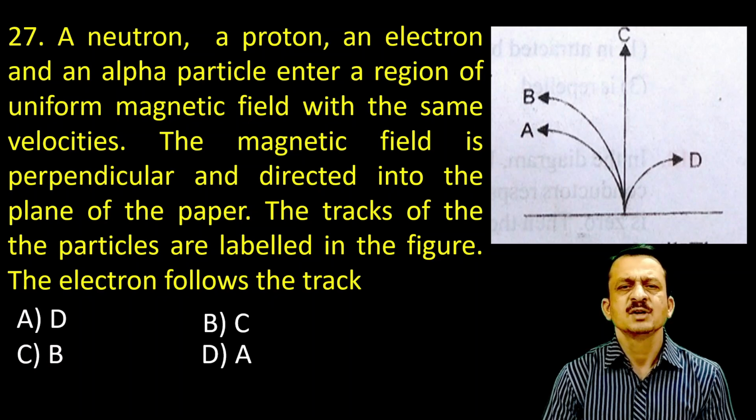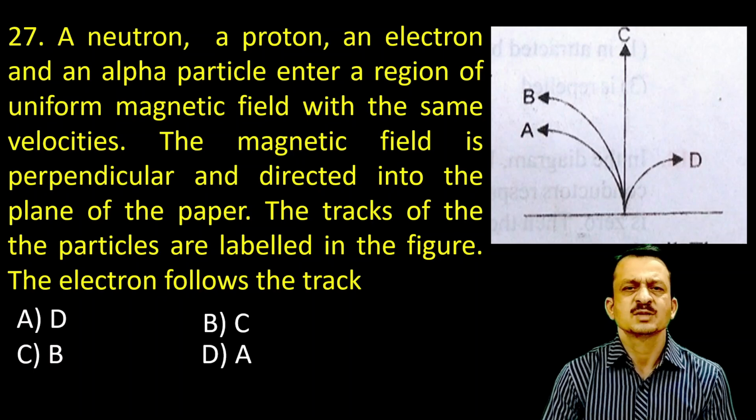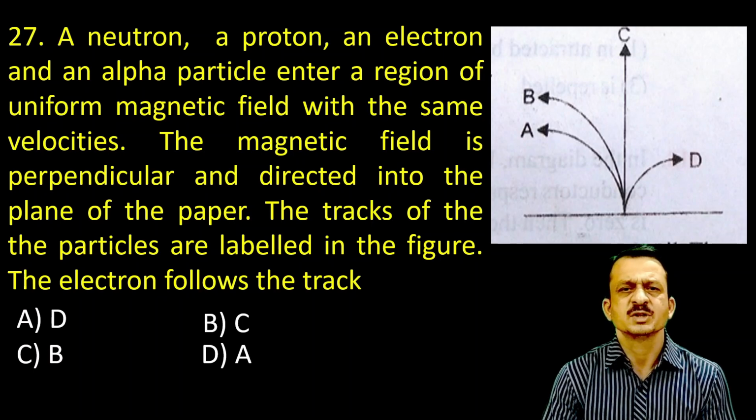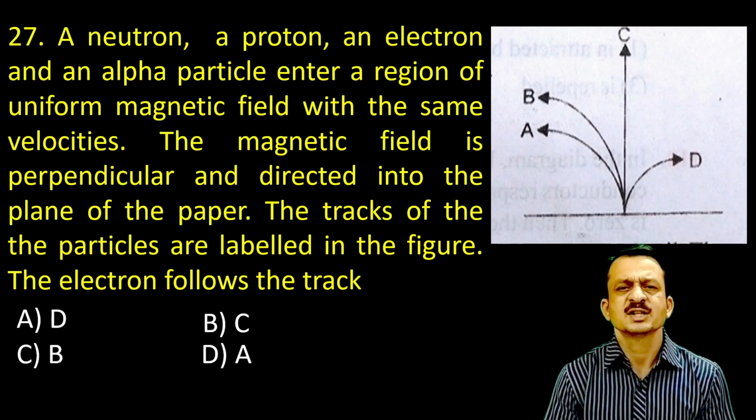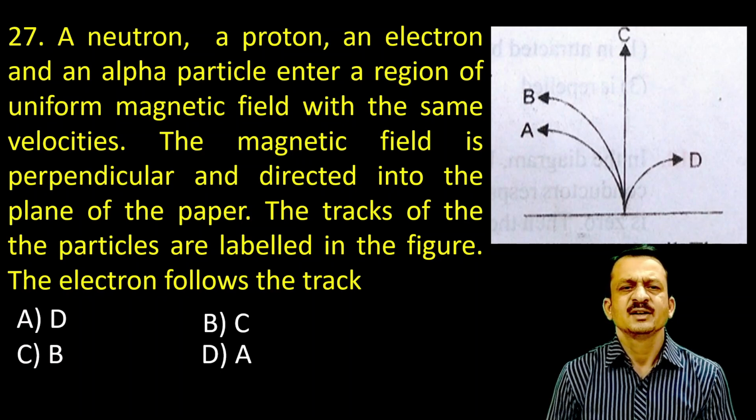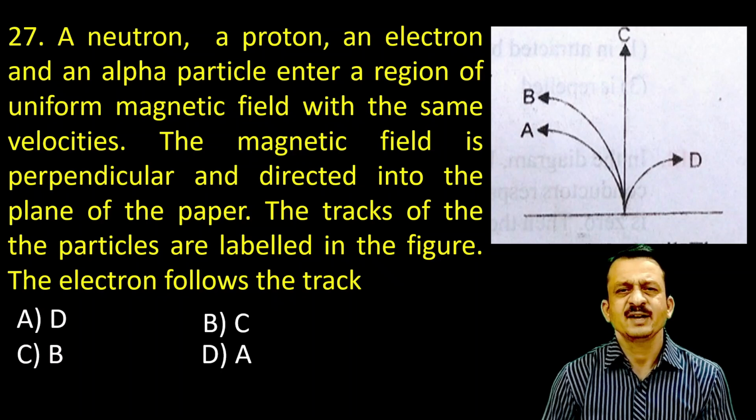Now in the diagram they are deflecting towards the left, that is A and B, obviously one is proton and another one is the alpha particle. And the remaining one is D, that is electron, which is deflected towards the right side. So obviously D is the path, therefore answer A, which is D, is the right answer.